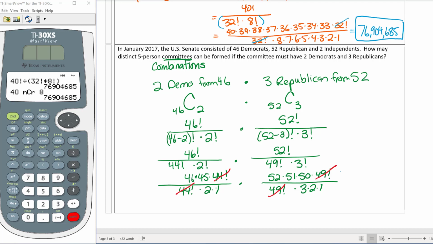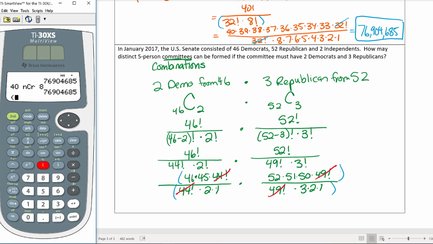One easy way we can do this is to think of every term in the numerator, 46 times 45 times 52 times 51 times 50, as one big numerator with one set of parentheses around it. I can think of everything else as one denominator because they're being multiplied, with one set of parentheses.